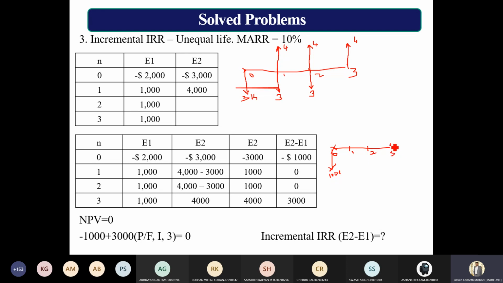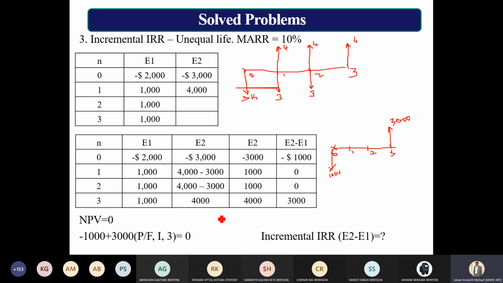Okay, so 3000 is shown only at the end of the third year. So first 2 years there are no returns. So writing down the equation, NPV is equal to 0, minus 1000 plus 3000 P by I comma 3 is equal to 0. So what is the incremental IRR?